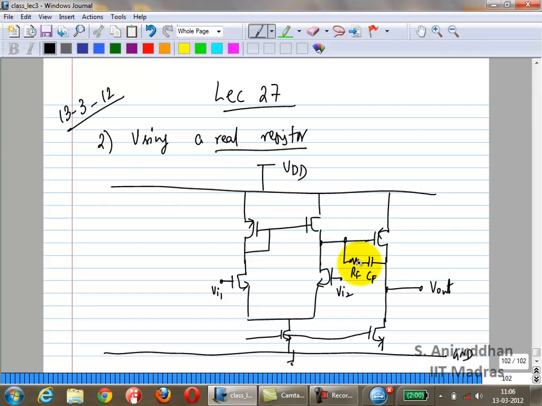Now what we are going to do is bias this using a circuit which is going to create a current such that GM6 tracks RF. It's actually a fairly simple circuit. You may have seen this before.